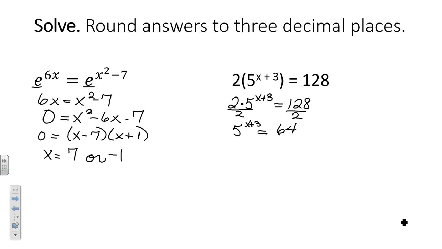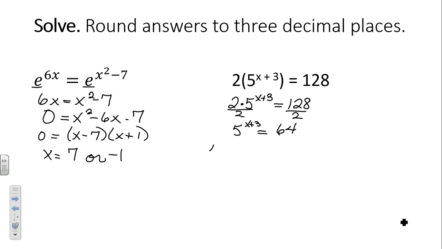Now, x is an exponent. So what's the inverse operation for exponents, or exponential equations? It's the inverse operation of an exponential function, a logarithmic function. So if we want to make this base go away, which log should we use? Log base 5 would be better, okay?